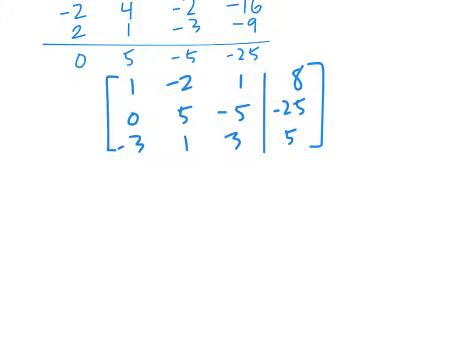Okay. Next, I need this negative 3 to be a 0. What should I do? Multiply row 1 by 3, add to row 3, replace row 3. Okay, so go ahead and do that one.